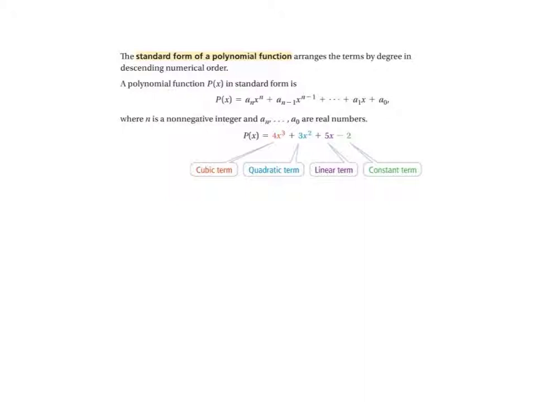These are the coefficients of the terms. This is the coefficient of this term, and then this is the coefficient of the next term. You notice you have n, and then n minus 1, and then the ellipsis shows it keeps going until you get down to degree 1, and then 0. So standard form, descending degree.